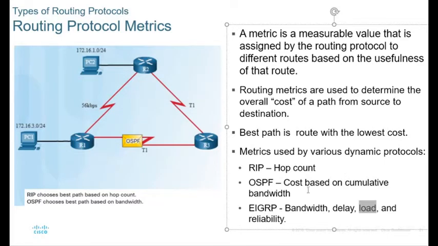We're going to have a simulation to show you the metrics used by different dynamic protocols and which best path they will choose according to the protocol they are running. We're going to see that on the next slide.